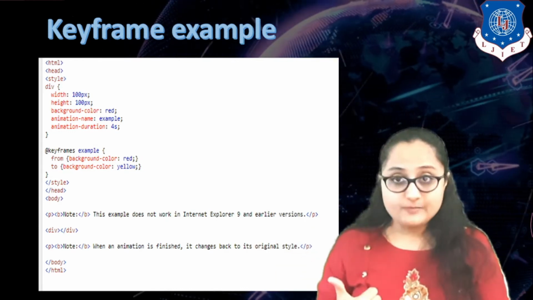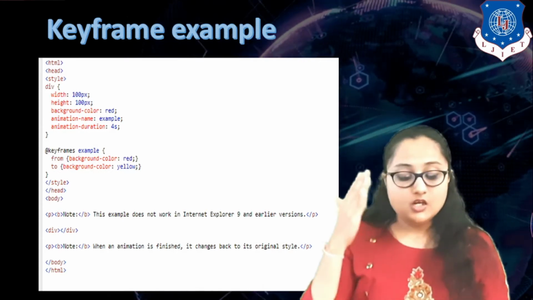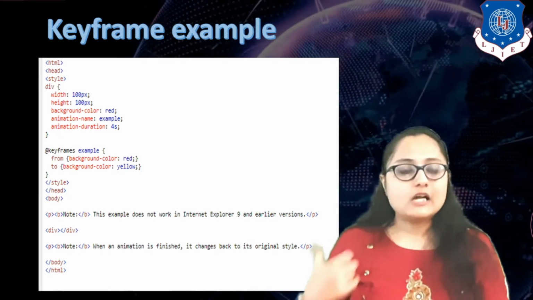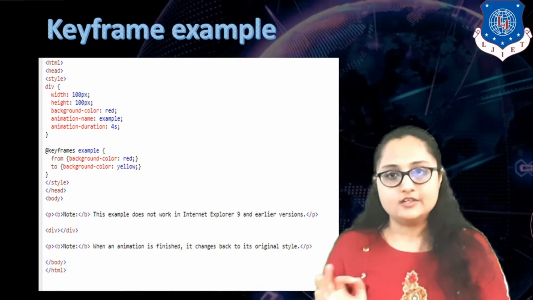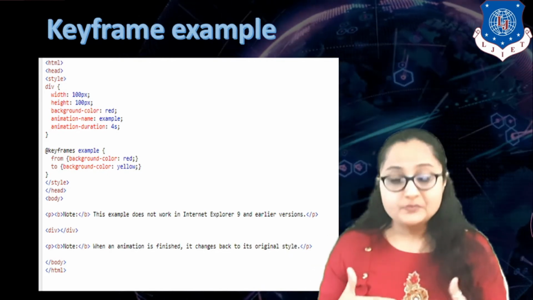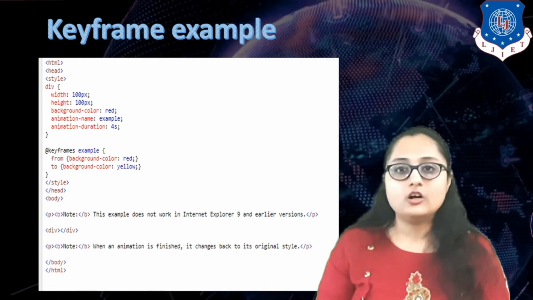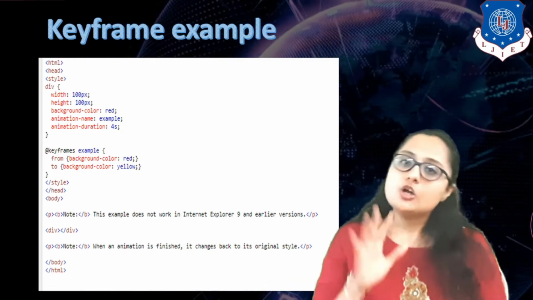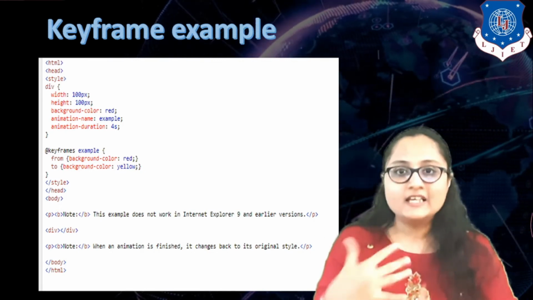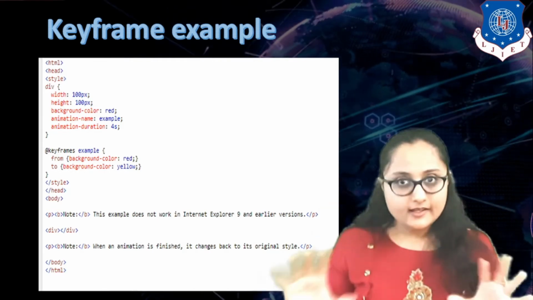So example is my animation name, and for the animation duration you also have to specify for what duration this animation should continue. I have specified a duration of 4 seconds. So whatever animation rule I specify in the keyframe, that animation will be applied for only 4 seconds. After 4 seconds it will stop repeating the animation again and again. I think that is clear, right?